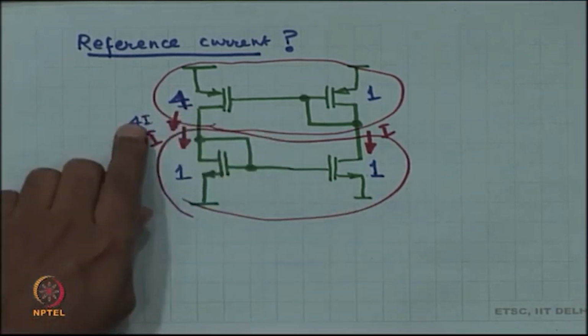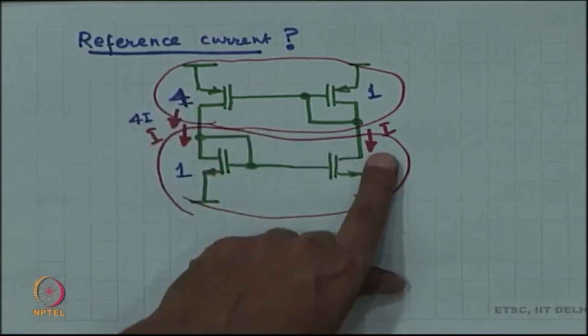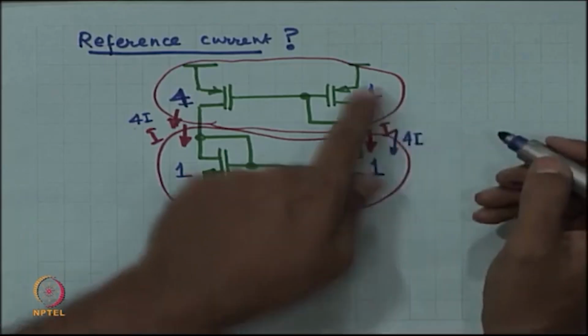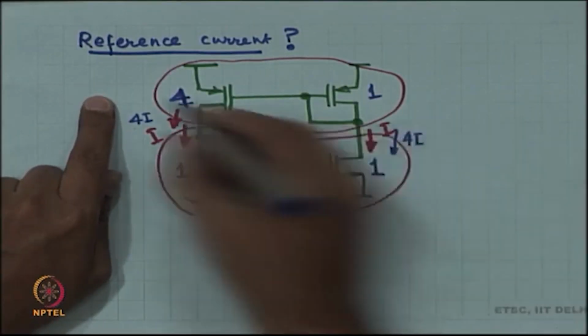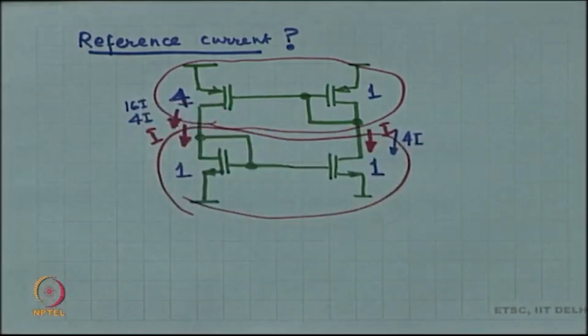What is happening? Then 4I gets mirrored, right, and then the PMOS mirrors it and makes it 16I. Okay, so it is not really converging, right, the answer is not even converging, alright.